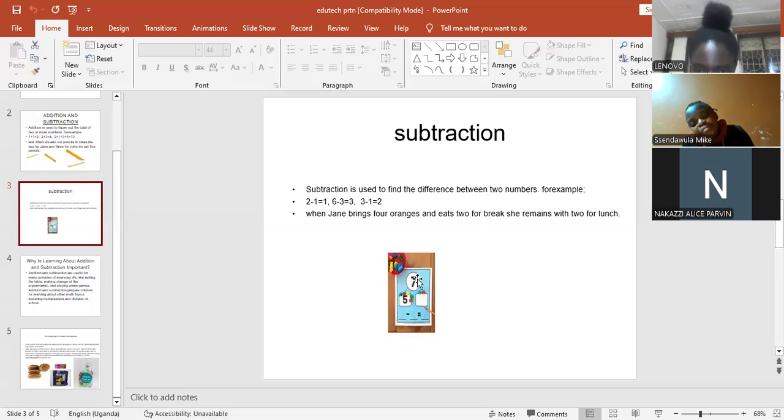So can you see the picture? Can you see my cursor? Which number is this? 7. Which number is this? 5. Which number is this? 2.